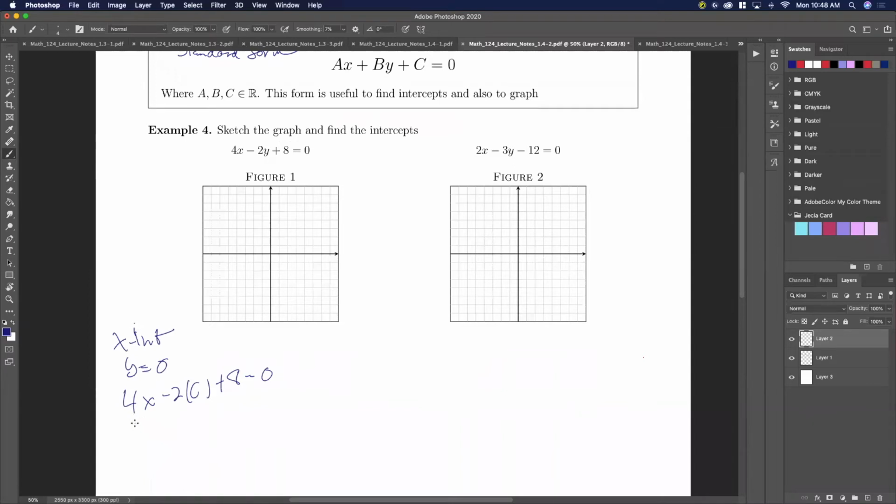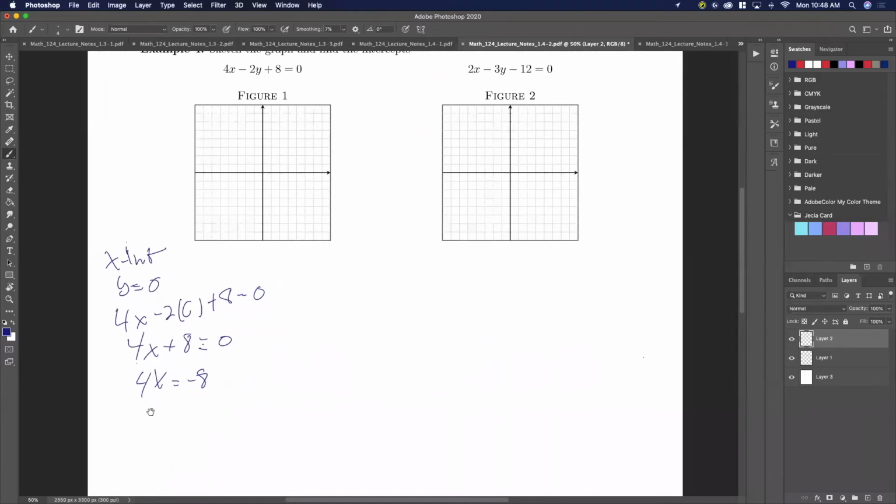So this is just 4x plus 8 equals 0. If I move the 8 over, I get 4x equals minus 8, which means x equals minus 2. So here I have the point (-2, 0).